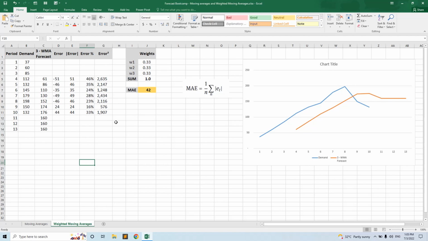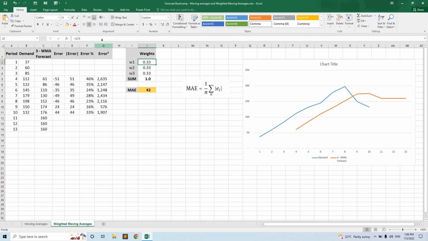Here we assign a different weight for the periods. For example, now we use also the 3-period weighted moving average, and to each period we assign a weight.